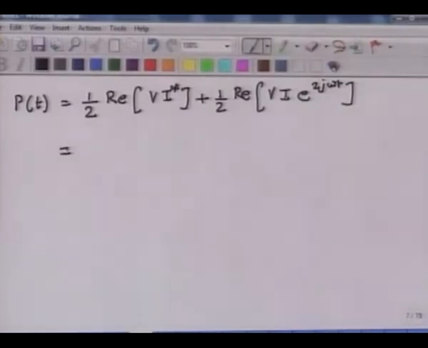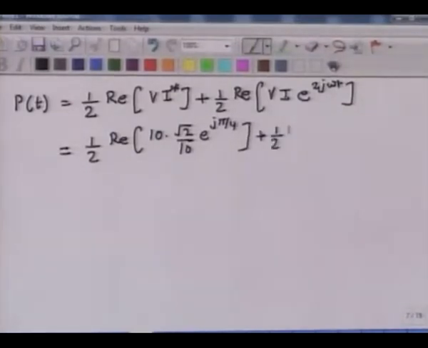So I get half real component of voltage, V is 10, times root 2 over 10 e to the j pi over 4, plus half real component of 10 times root 2 over 10 e to the minus j pi over 4 e to the j omega t, where omega is 125.